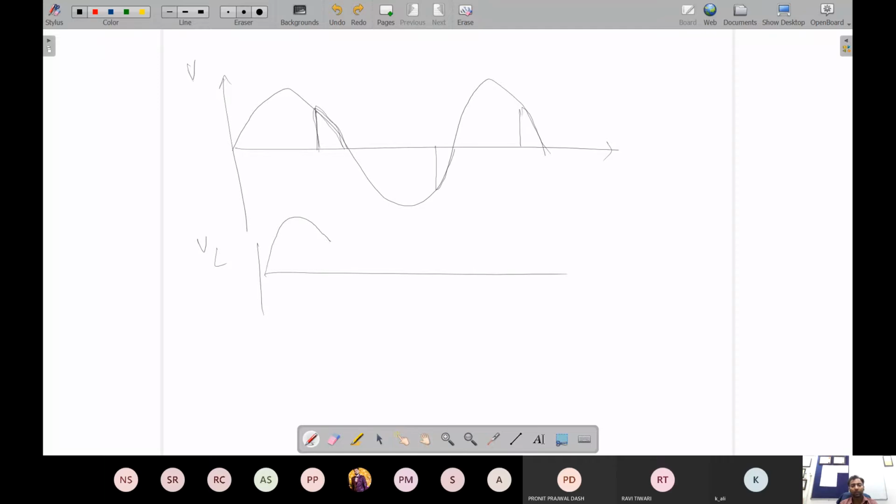So it's going like this, and this is gone. Then again it conducts here. Again this one is gone, and then it conducts here, and this is gone. So the load will receive this type of waveform, and whatever is the chopped off portion will be fed to the dummy load, something like this.